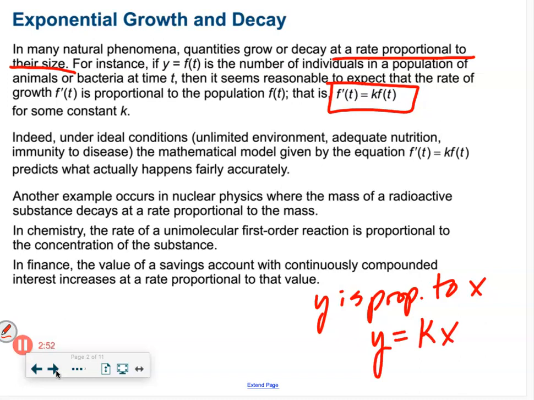So it means y is a scalar multiple of x, right? It really goes both ways, but anyway. This is just standard k notation for proportionality in math. So in this case, the rate is proportional to the size of the population, or whatever we're talking about.